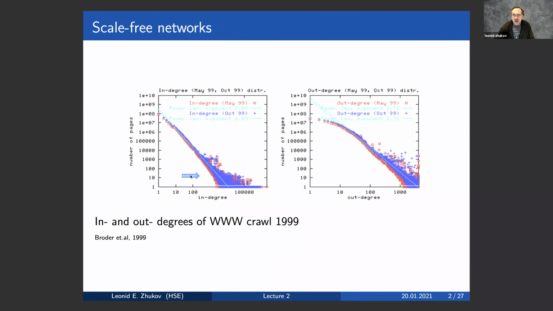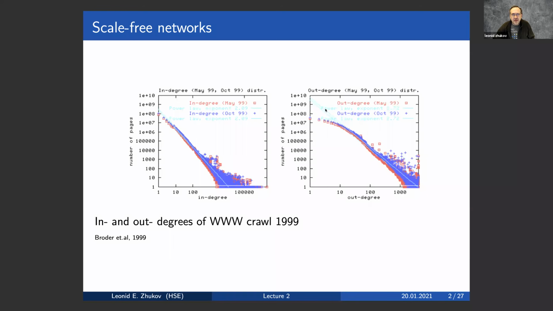Now, this is a log-log scale, and we'll discuss in a minute why that scale is preferred. But if you see here on the horizontal axis, this is the logarithm of a node degree, and this is how many pages.